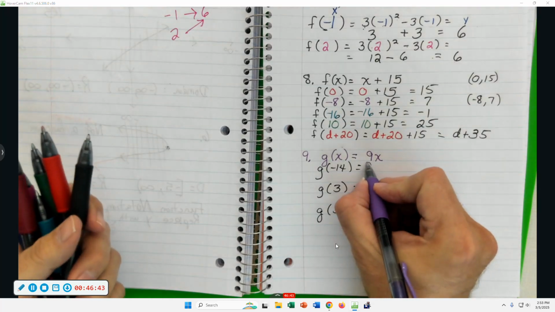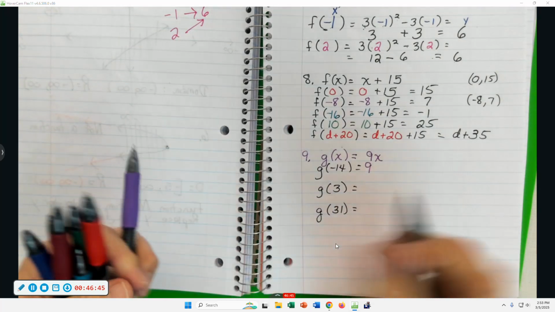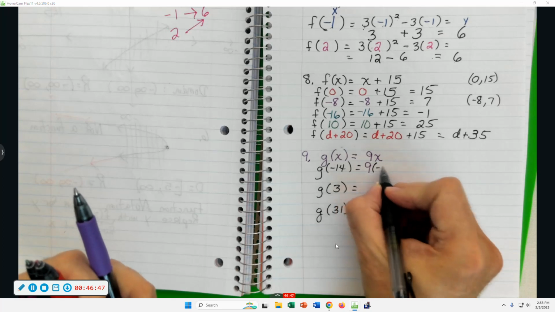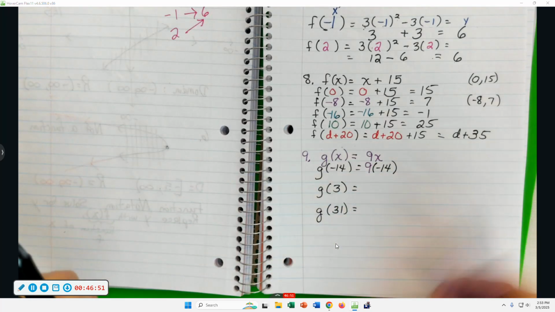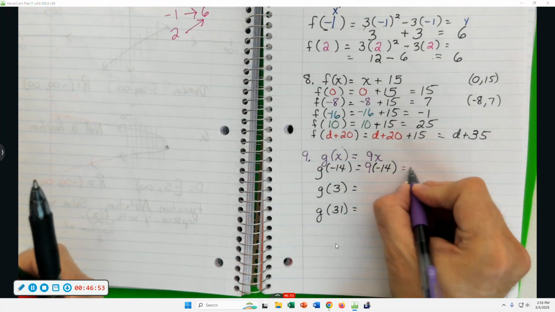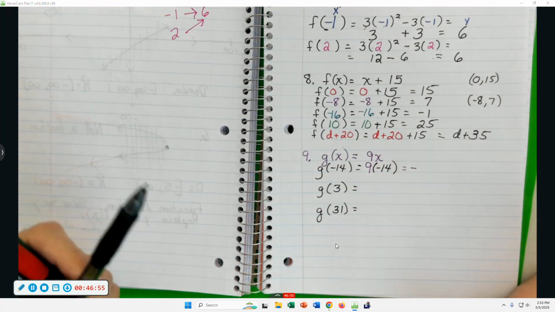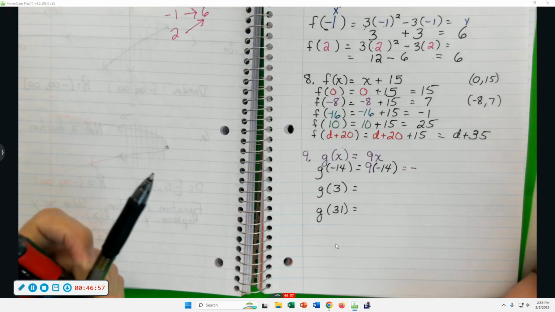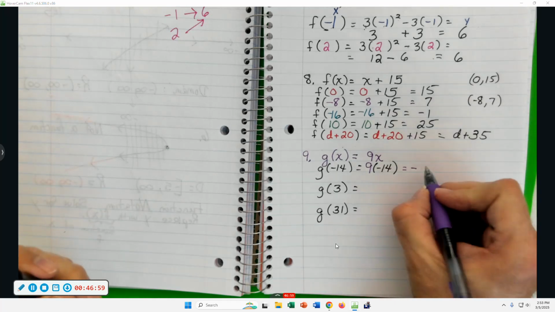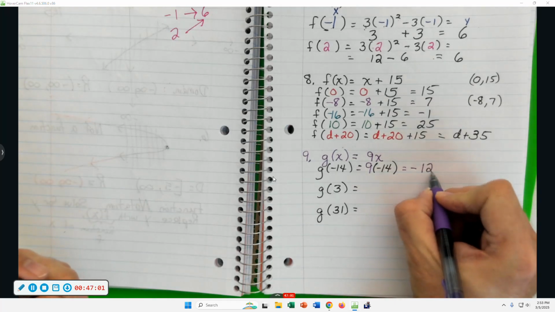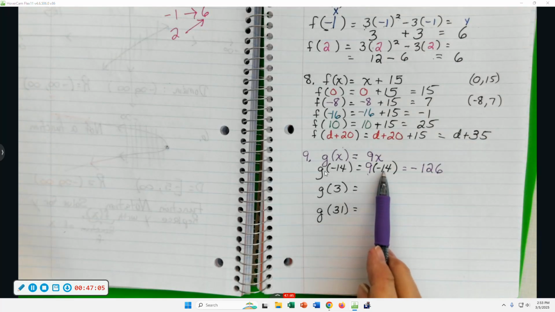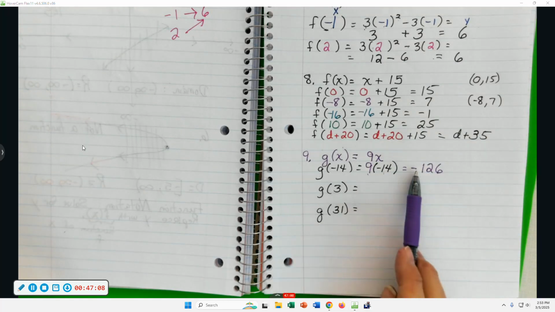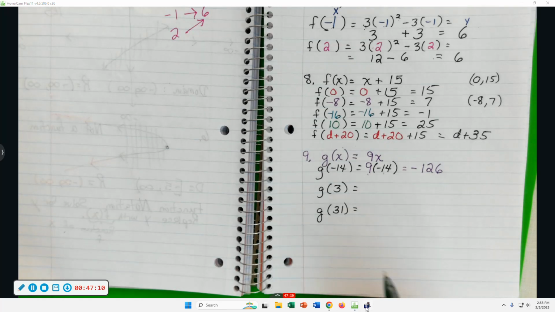So whatever's in the parentheses, you plug that in for x. We have 9 times negative 14, which is negative 126.